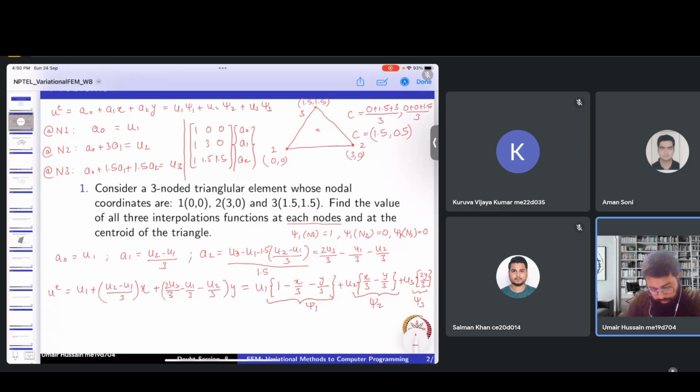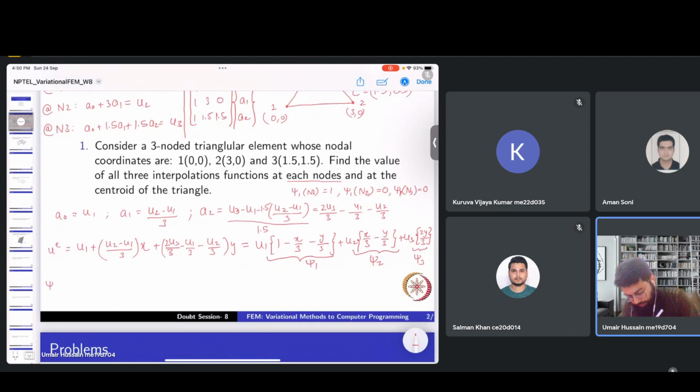Psi 2 at 0, 0 will be 0. At 3, 0 it will be 1. And at 1.5, 1.5 it will be 0. And psi 3 at 1.5, 1.5 will give us 1, and 0 at the other two. This is right.